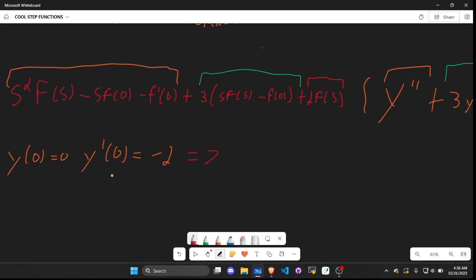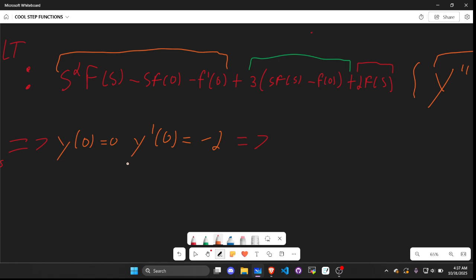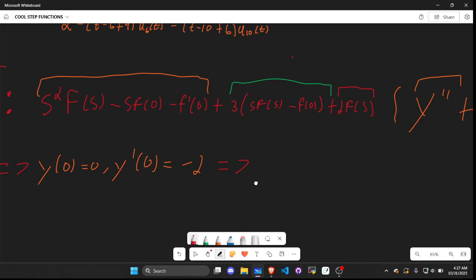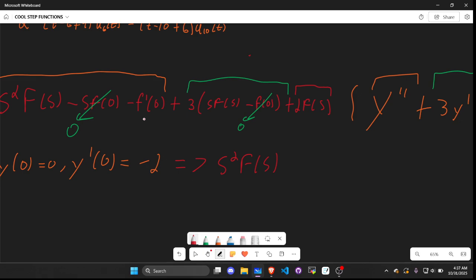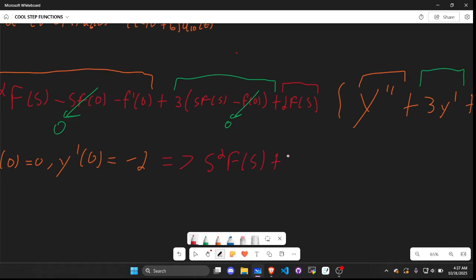We'll bring it down, and we'll see that we still have our s squared F of s. And now we do plus 2, because F of 0, that's just 0, so this guy will cancel. And over here we have another F of 0, so this guy will cancel too. Negative over negative is a positive, so we'll end up with plus 2.